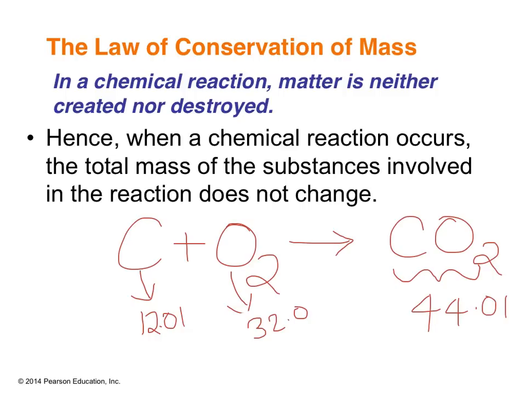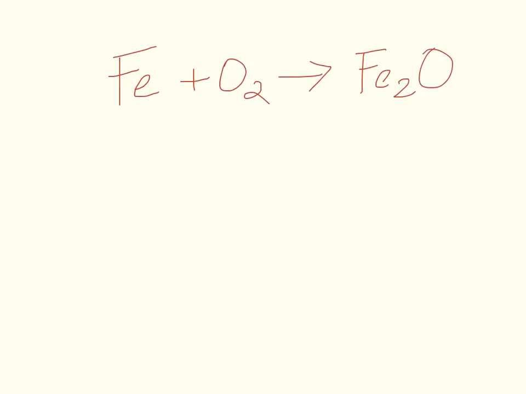So if you come across an equation that looks like this, iron plus oxygen leads to iron oxide, this is a little bit funny because there's one iron and two oxygens here, and there are two irons and three oxygens there. So where does this other iron come from?